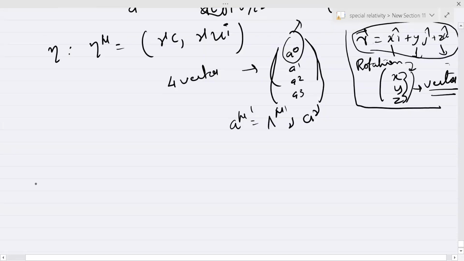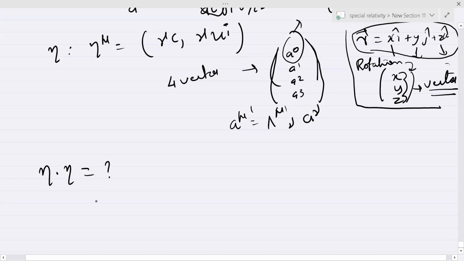Now it's a good exercise to do this. What is eta dot eta? Can you do this? The scalar product of the 4 velocity with itself. We will be using the scalar product usually.